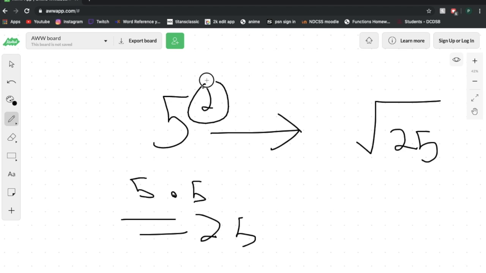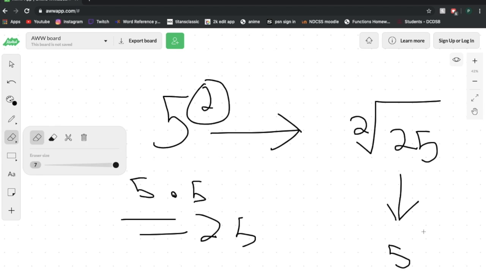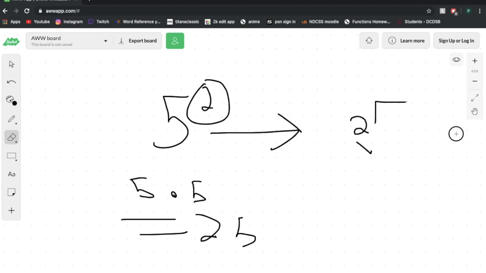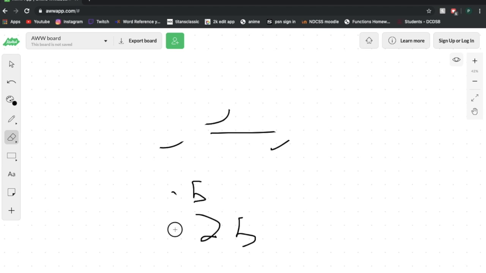The opposite of any kind of exponent is a root. So the root would be a square root, a root to the factor of 2. So the square root of 25 is 5.